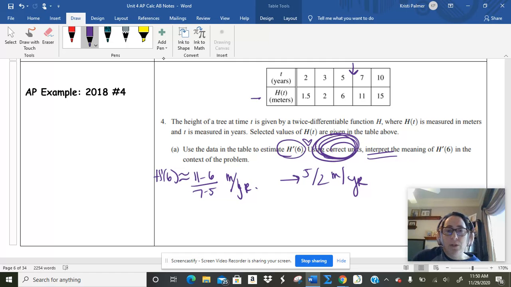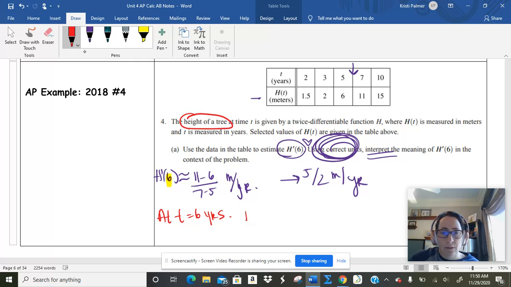So now we want to start with the interpretation. So again, we're going to look at this, start with that inside. So at t equals 6 years, and what is it that h is? H is the height of a tree.